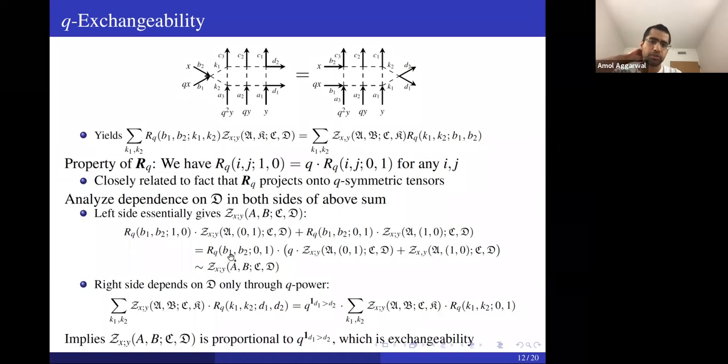Now the second line, I'm using the fact that r_b1,b2 of 1, 0 is q times r_b1,b2 of 0, 1, this property. So I can in particular factor out this guy. This will give me a factor of q over here due to this property, and I'll be multiplying by the z of xy of a01, my choice of k, times cd.